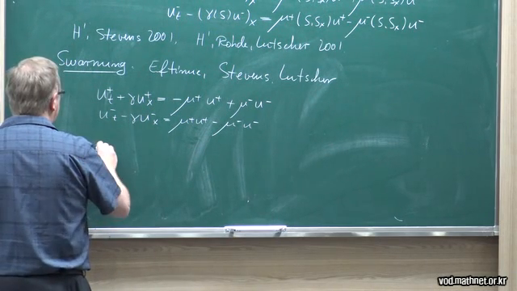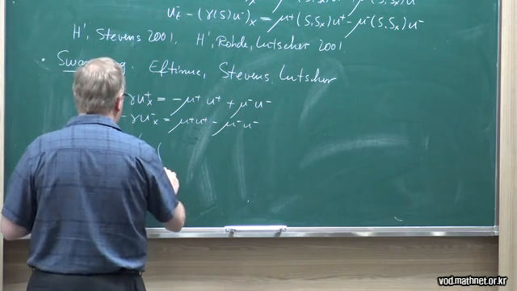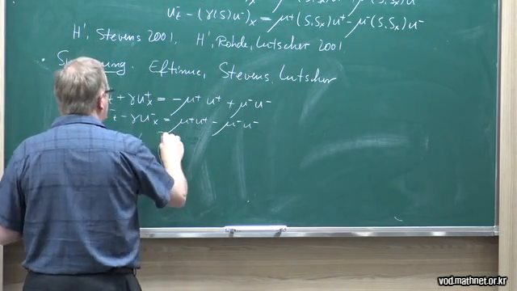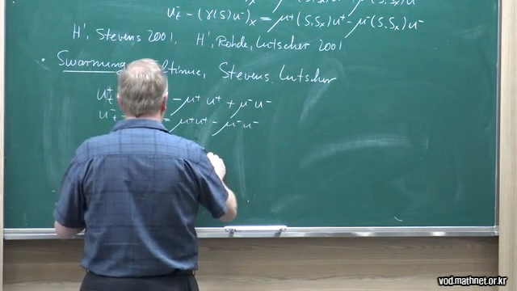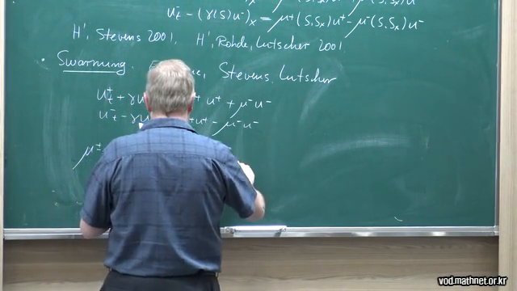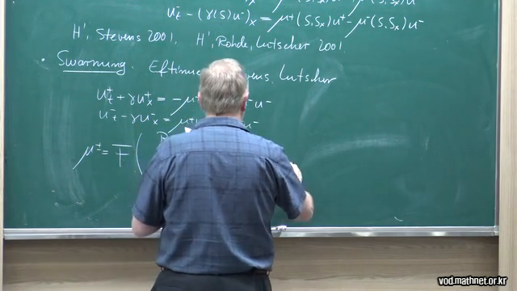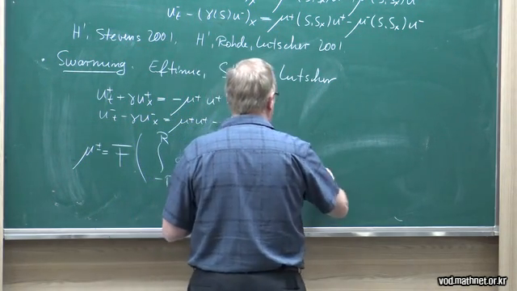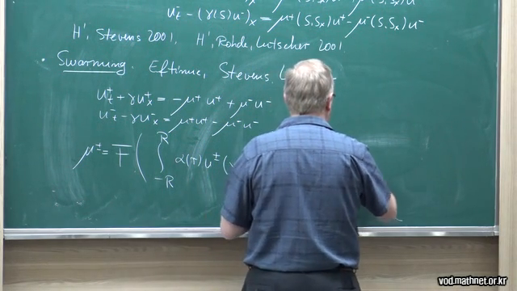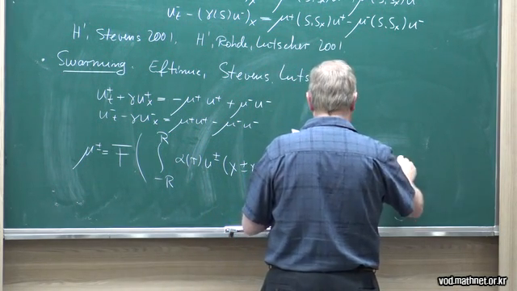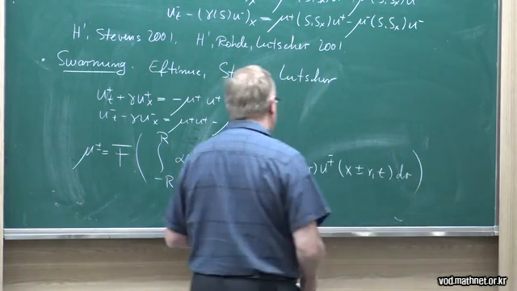So mu plus minus is then a big function f, which depends on non-local information, an integral from minus r to r, alpha(r) u plus minus of (x plus minus r, t) plus beta(r) of u minus plus of (x plus minus r, t) dr. Okay.